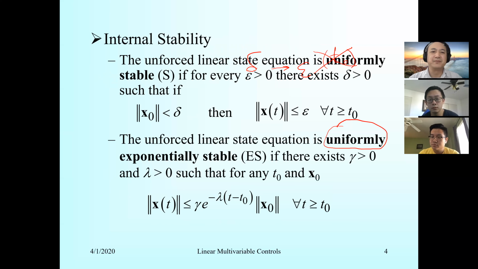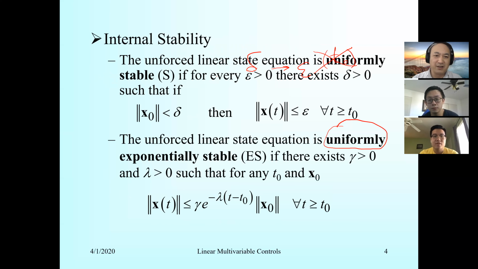Meaning, if your initial state is in this ball, then all your trajectories for all t will be within this ball. So this is stability in the sense of Lyapunov. Uniformity means it has nothing to do with T0. But remember, epsilon is a function of delta.